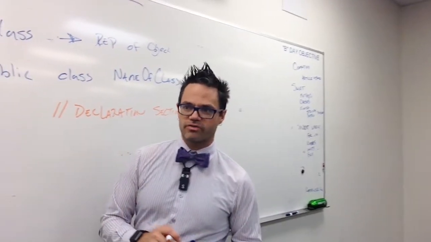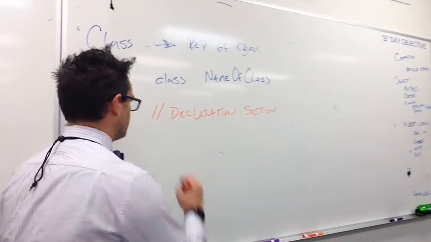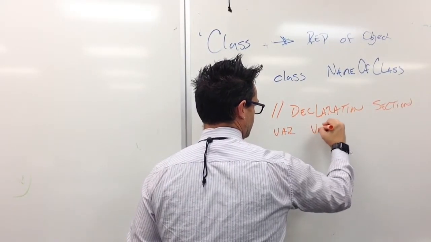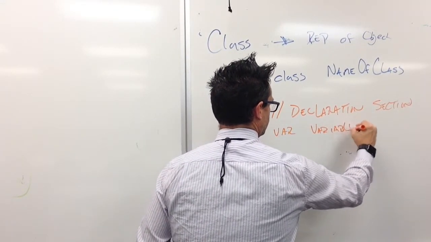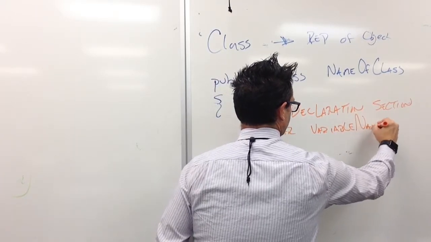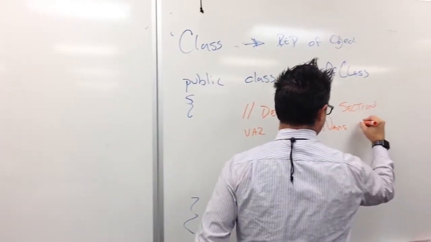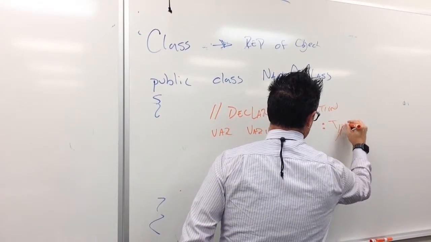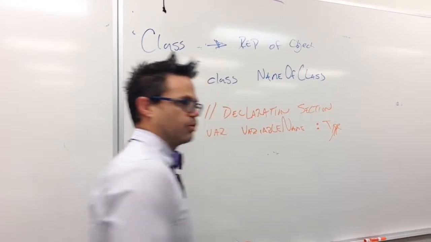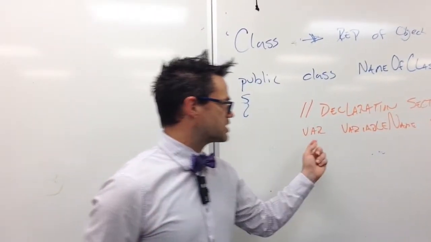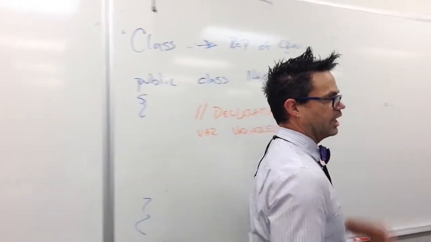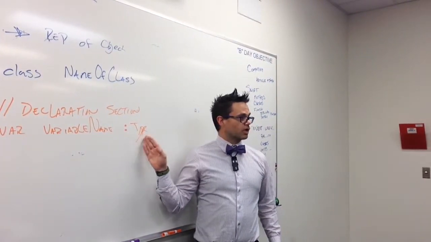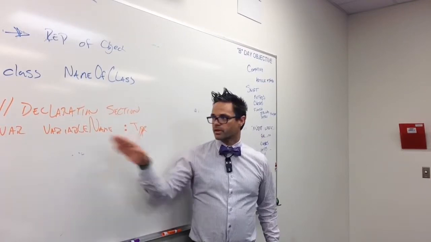Because we're using Swift, the structure for those class variables will be var, the variable name, and then because Swift is picky, colon and type. So it's a variable, here's the variable name, and it's of type type. So we know what kind of thing is actually stored inside that variable.